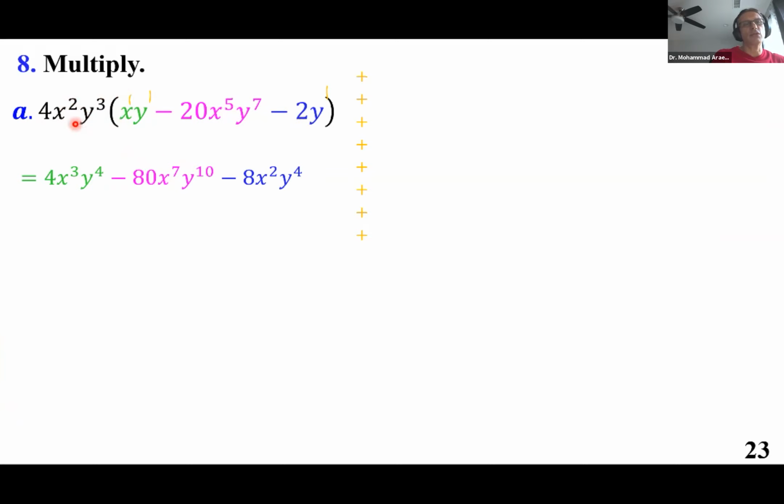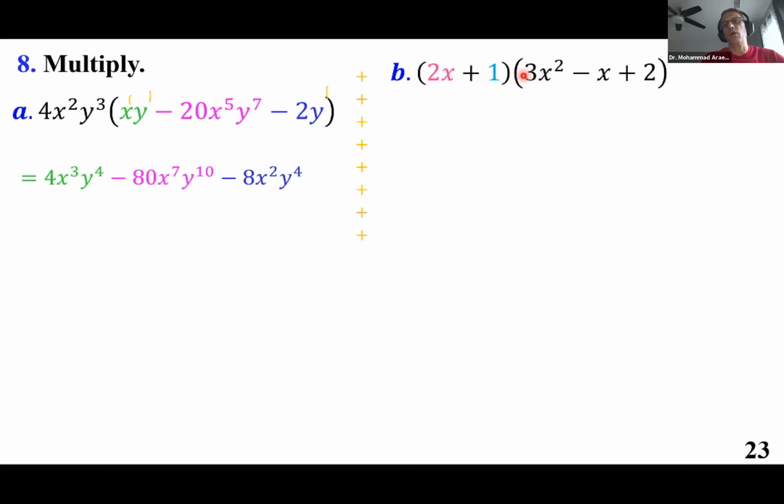When you multiply these two, 4 and -2, the product is -8. You keep the x squared, y cubed, and y to the power of 1 becomes y to the power of 4. You distribute the 2x, you get 6x cubed here, over here, minus 2x squared, and over here, plus 4x.